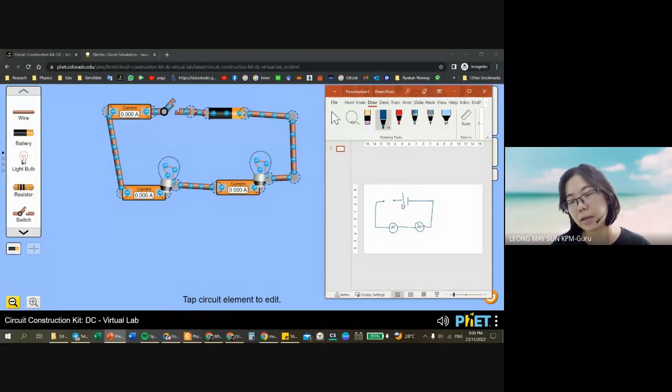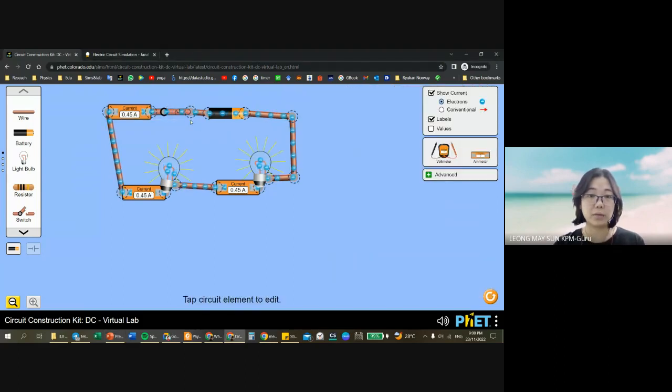Now, if the current is allowed to flow and I close the circuit, you notice that the current is coming up from the negative terminal of the battery, flowing through the light bulb and the ammeters, and then getting back to the positive terminal. So the electrons only have one path to flow in order to get back to the positive terminal. This connection is known as a series circuit.